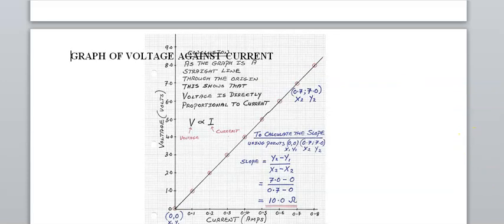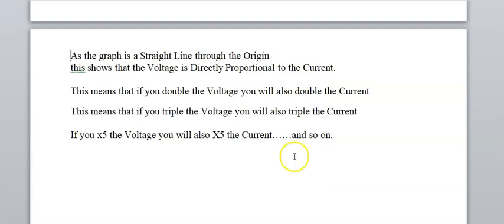So what does all this mean? Well, as the graph is a straight line through the origin, we can say there's a mathematical relationship between two things, and that relationship shows us that the voltage is directly proportional to the current. As we said earlier, this means if you double the voltage, you'll double the current. Triple the voltage, triple the current. Multiply the voltage by 5, you'll also multiply the current by 5.